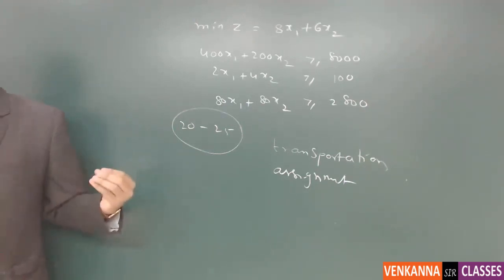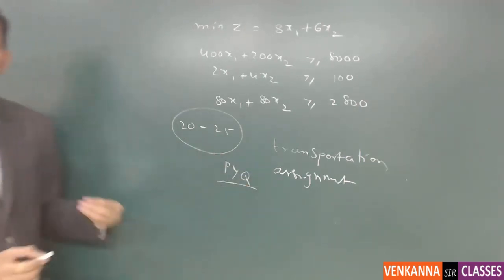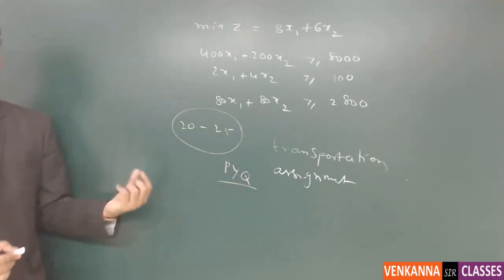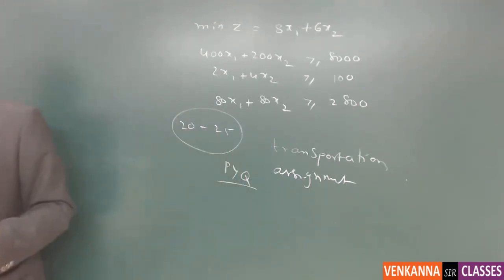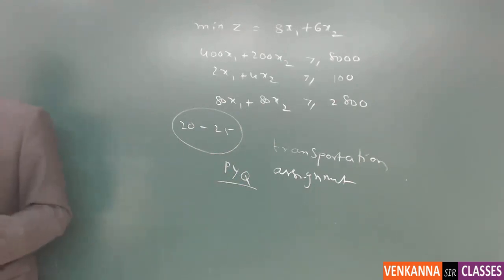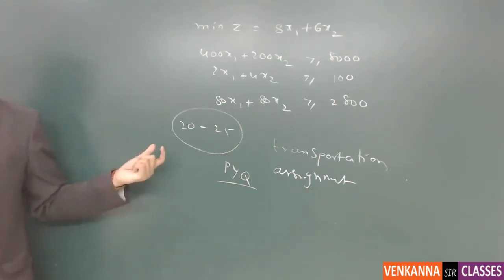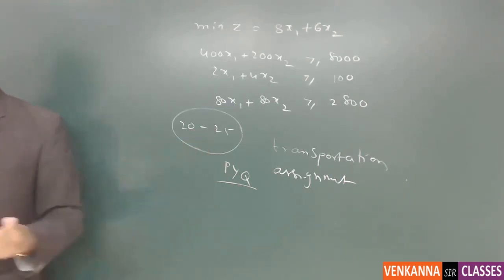If you are more interested, let us straight away go with previous year questions. You start solving them on your own. We will have one more doubt clarifying session over these previous year questions. I think the link is available in the group. Whole questions are there.